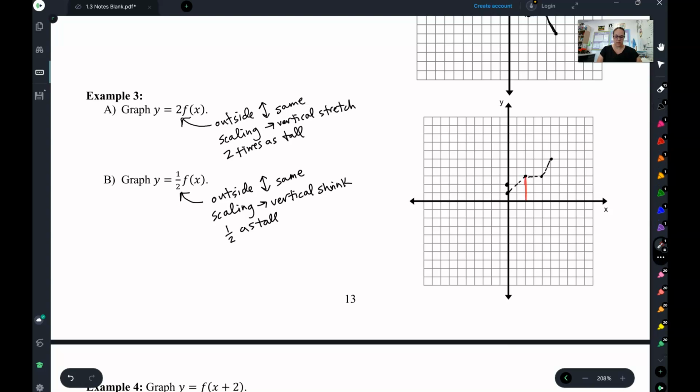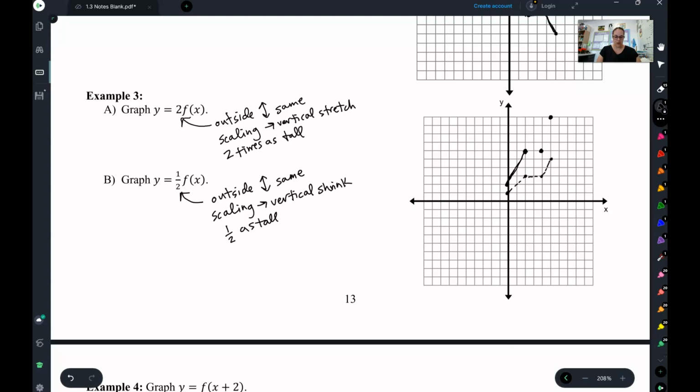This point is 3 away from the x-axis, so times that by 2, now it's going to be 6 away from the x-axis. Same thing here, 3 away is going to be 6 away. This point is 5 away from the x-axis, so times that by 2, and we get 10.